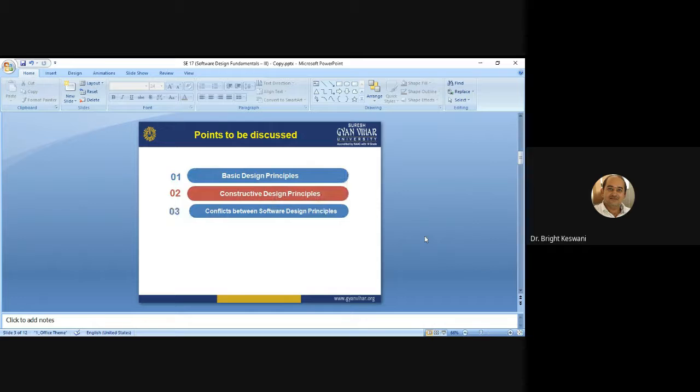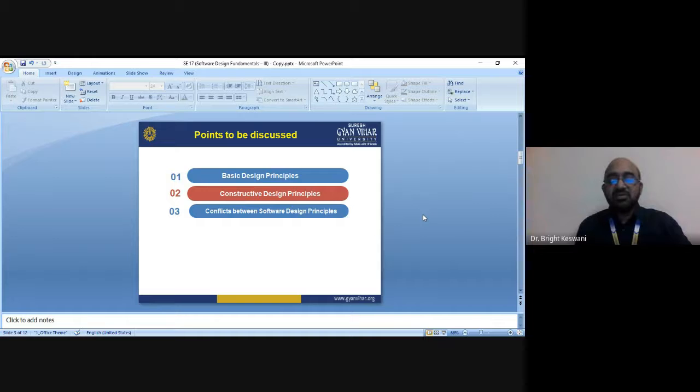So these are some points we will discuss in this lecture: basic design principles, constructive design principles, and conflict between software design principles. So let us start this lecture with the first agenda, which is basic design principles.